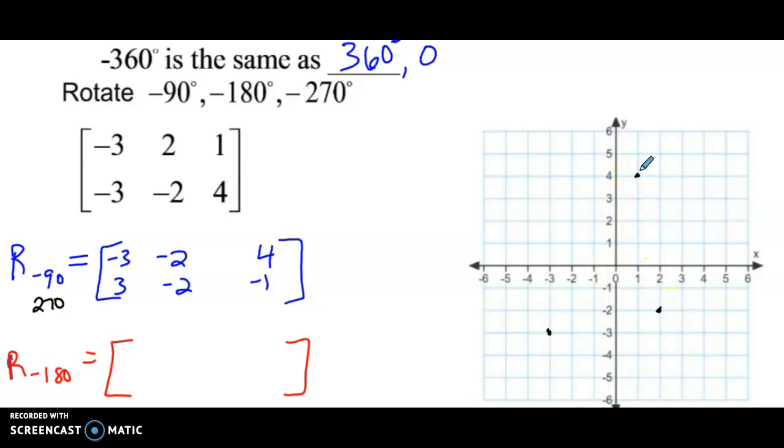And then if I wanted to rotate this negative 90 degrees clockwise, so 90 degrees clockwise or 270 degrees counterclockwise. Hopefully the coordinates that we wrote out make it look like it's a 90 degrees clockwise rotation or 270 degrees counterclockwise.